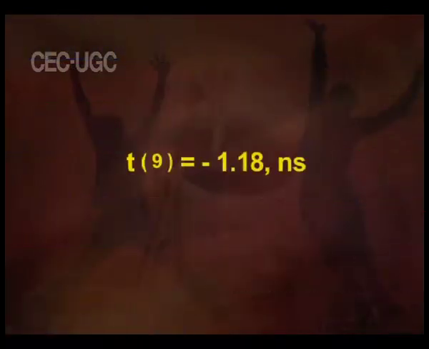Since the obtained t-value of 1.18 is lesser than the critical value 2.26, we retain the null hypothesis that the scores do not differ significantly in the two conditions, and we can show the results as follows. t in brackets 9, which represents 9 degrees of freedom, is equal to 1.18, which is the t value, comma ns, which represents non-significant.